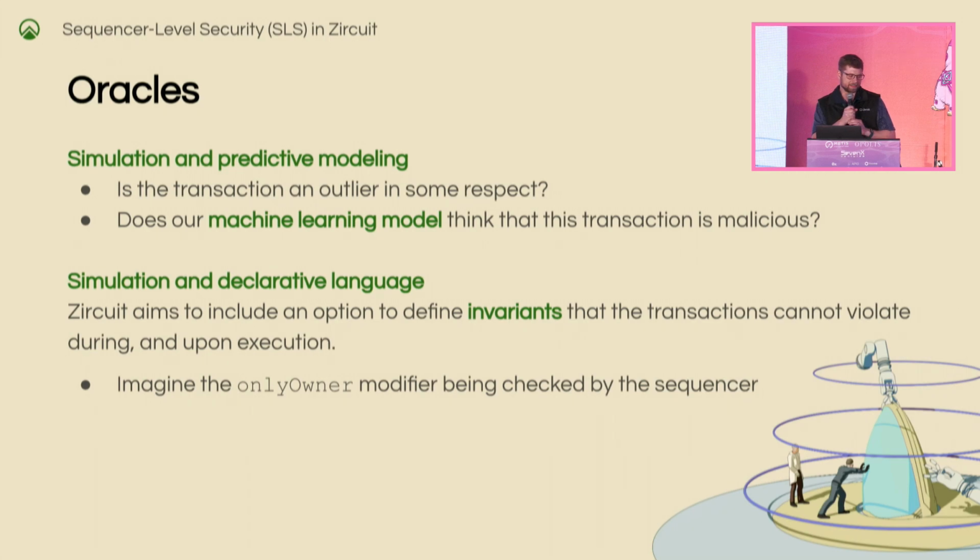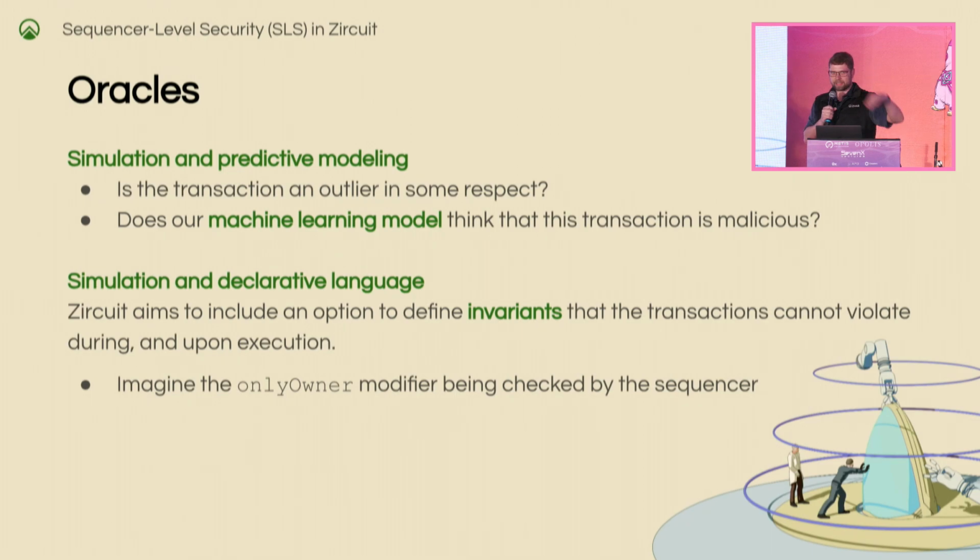Now I have Zircuit advanced. I said machine learning, artificial intelligence in general can hallucinate, right? And we do not like hallucinations. In our case, that could result in somebody being falsely accused of executing a hack.